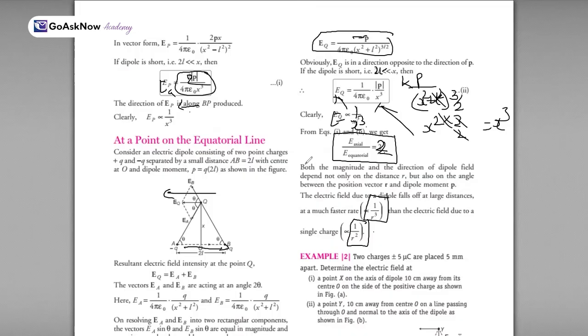After that, we covered dipole moment and what an electric dipole is, and the electric field due to a system of charges at the equatorial point and axial point. So I think the lecture is enough for today, and we will see the next part in the next lecture. Whatever I have told you, you should revise it and try to solve the maximum questions.